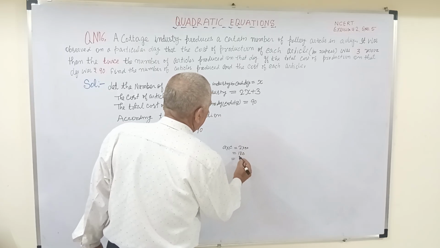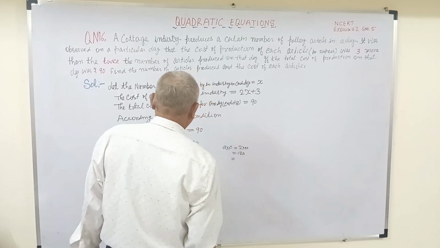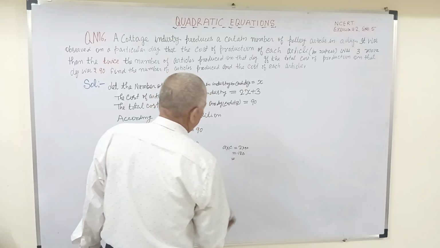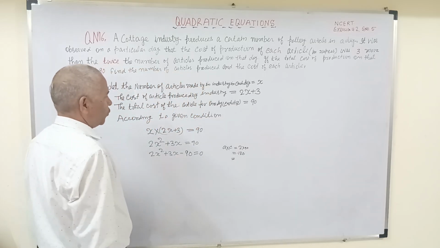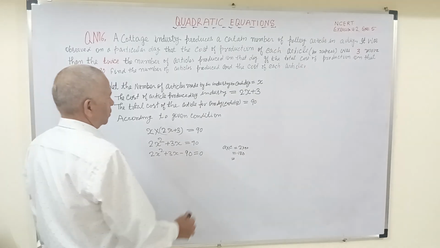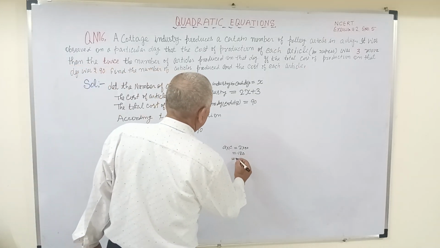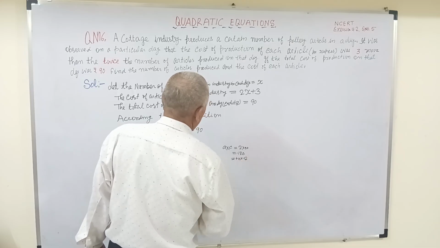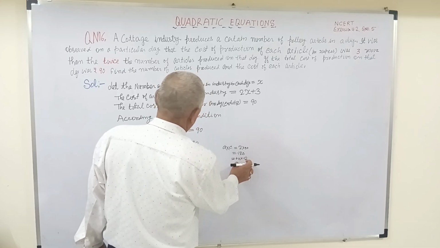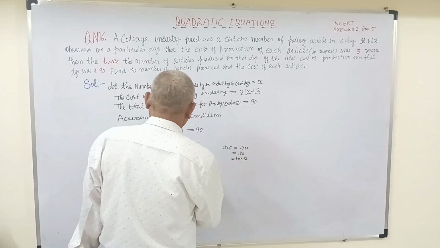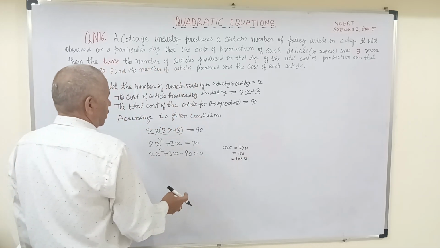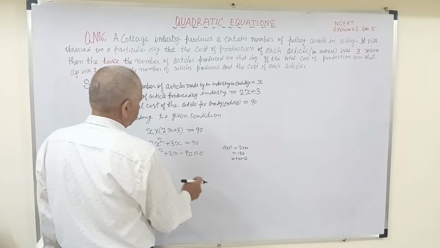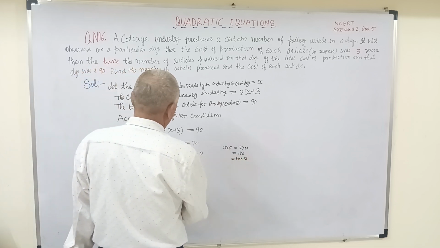Then we will find the factors of 180, that will be 12 into 15. So we will write plus 15 into minus 12. These will be the factors for this quadratic equation, in which 15 minus 12 is 3x.